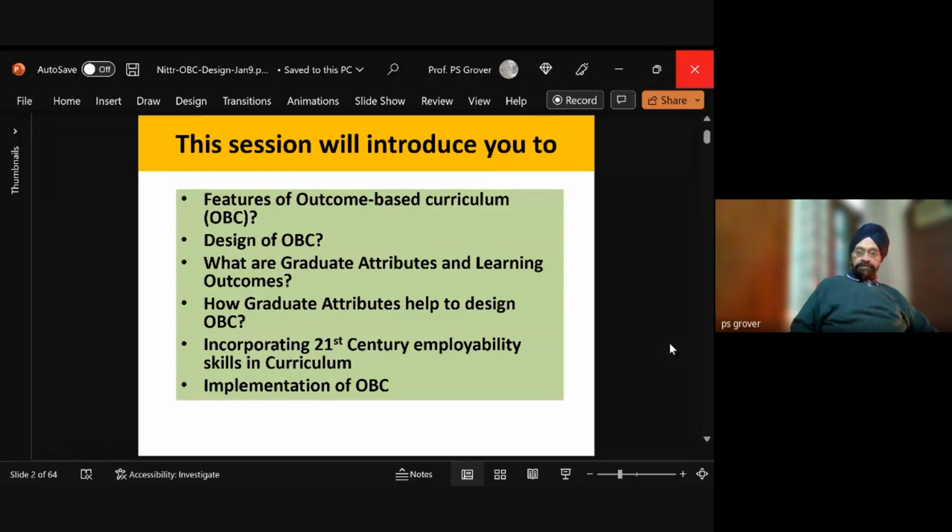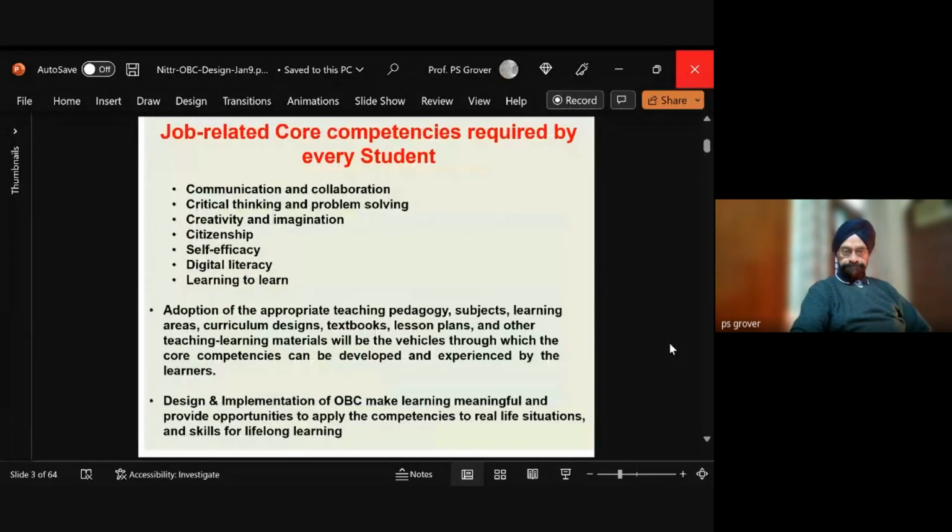Then how graduate attributes help to design outcome-based curriculum, and incorporating 21st century employability skills in the curriculum. How can they be incorporated? And then how the outcome-based curriculum can be implemented in the college or in the university.